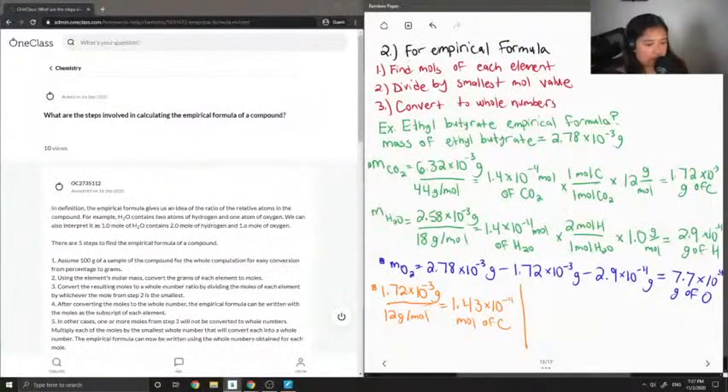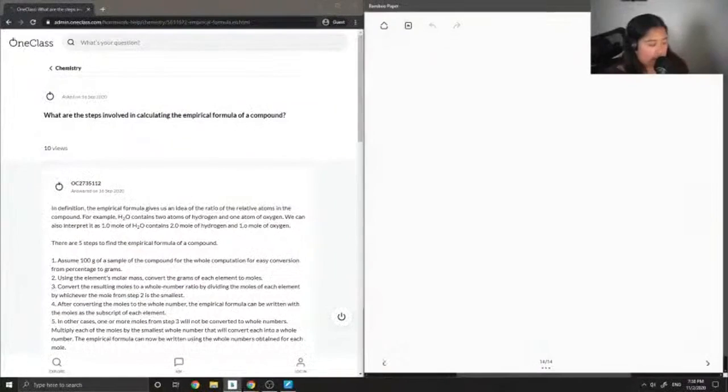For hydrogen, it's 2.9 times 10 to the negative 4 grams over 1.01 grams per mole. And we get 2.87 times 10 to the negative 4 moles of hydrogen. And then I'm going to do oxygen on the next page.